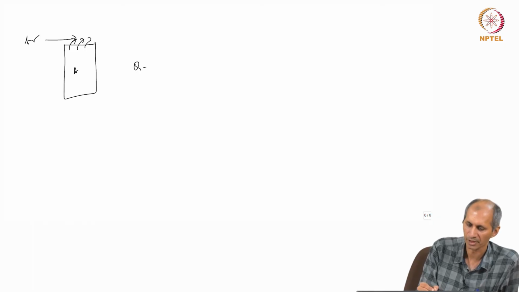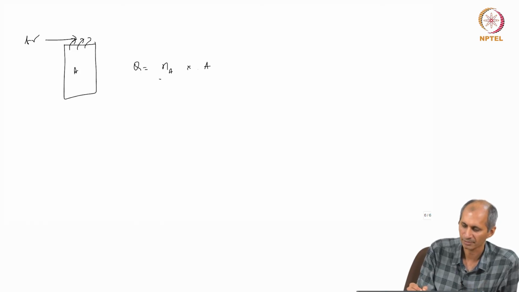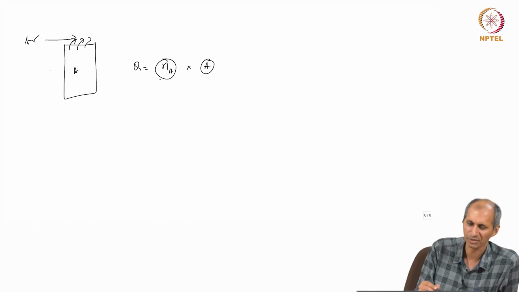So, we have Q equals N_A multiplied by A. Which of these two will change? N_A. Why? Because driving force will change. Why will driving force change? This is K times two terms here. Concentration of A in the solution and concentration of A in air.